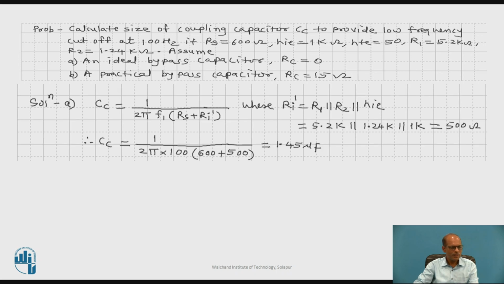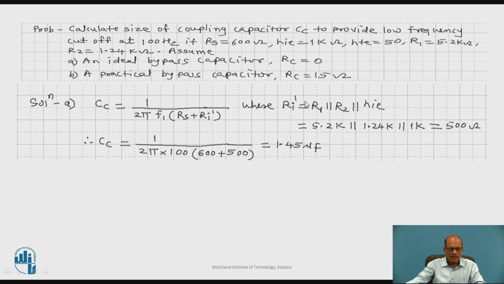Solution. Part A. Now ideal bypass capacitor with RC equal to 0. So for that CC is given by 1 upon 2 pi F1 in the bracket RS plus Ri dash. So the basic formula is for F1, and rearranging the term we convert it to CC, where F1 is the cutoff frequency due to the coupling capacitor.